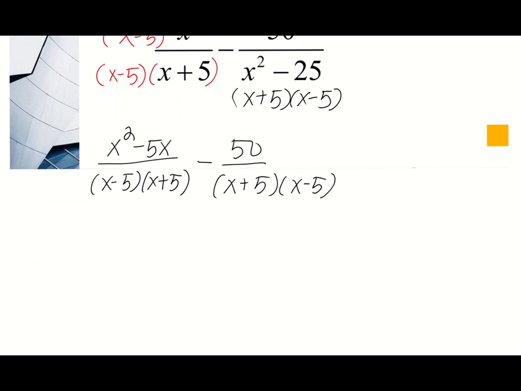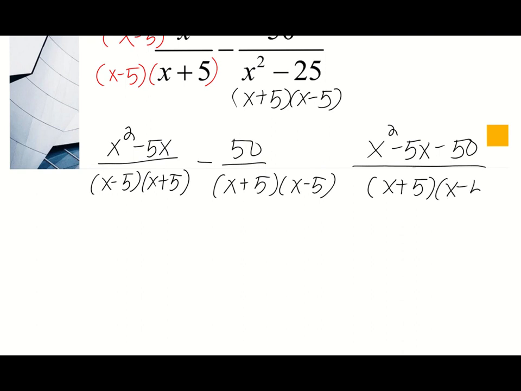So when I subtract these two, I'm left with x squared minus 5x minus 50, because none of them are like terms, so I can't combine them. And then my denominator is the same, which is x plus 5, x minus 5. So now that I've got like denominators, I subtracted, I have to simplify.